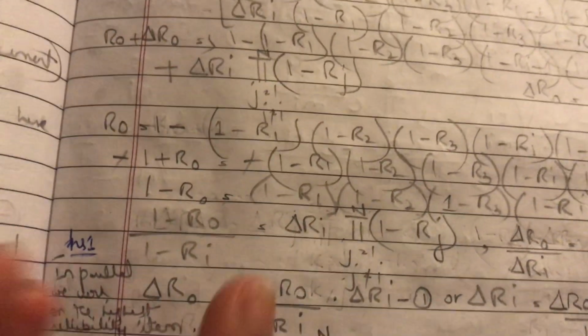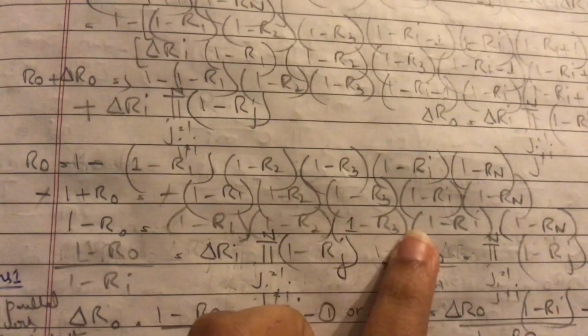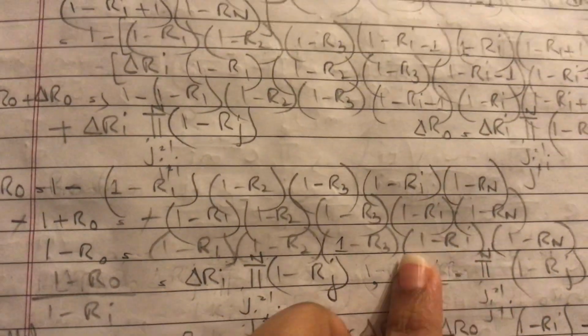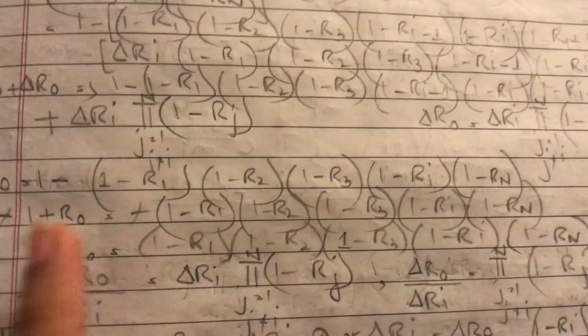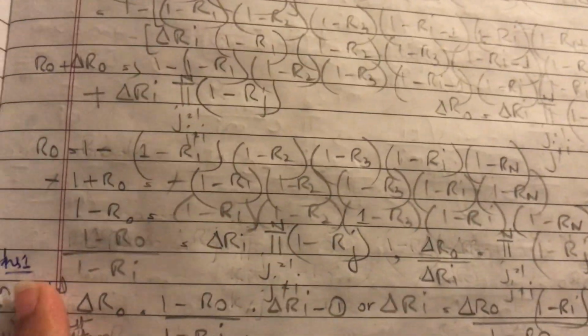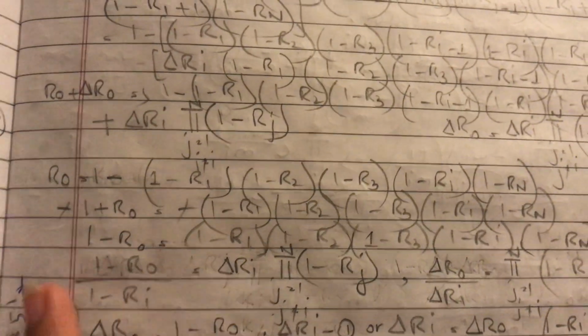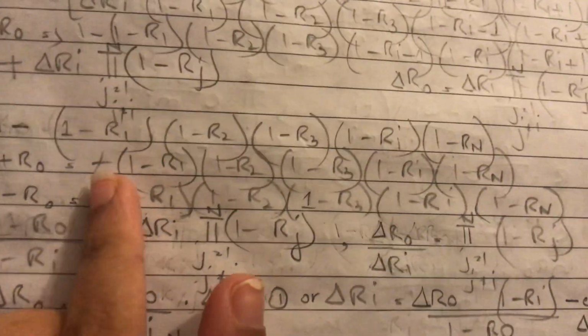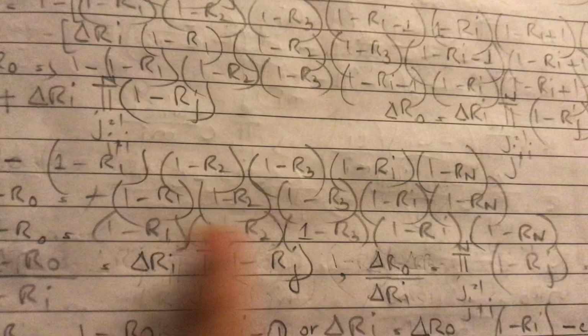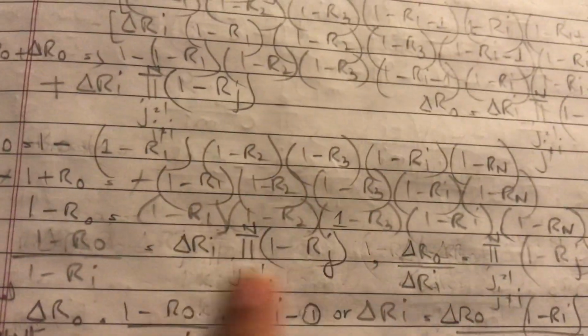Okay, so as we see, 1 minus Ri is the extra one. So we bring it over here, so it becomes 1 minus R0 over 1 minus Ri, and this whole thing can be written like this. Why did we write it like this?